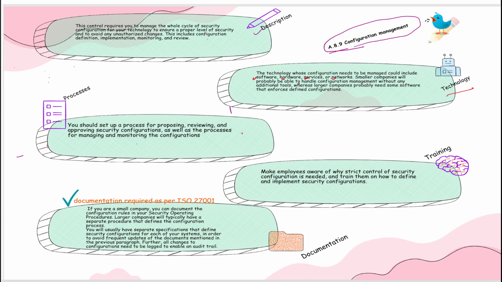Smaller companies will probably be able to handle configuration management without any additional tool. However, larger companies probably need some software that enforces and defines configuration. So this is very important, if we categorize organizations into two areas, small and large.